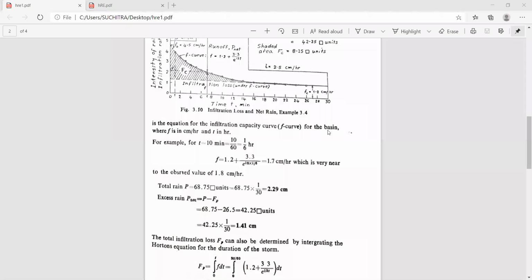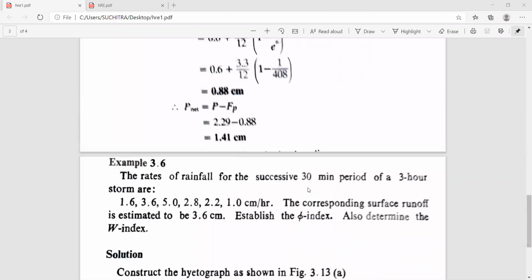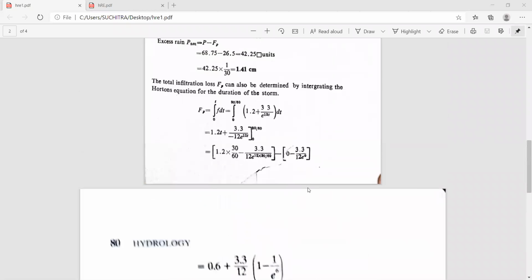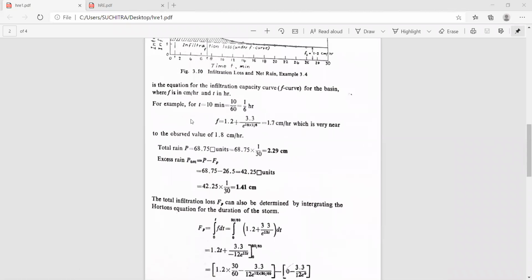So by Horton's equation, the infiltration value works out to be 1.7 centimeters per hour, which is very near to the observed value of 1.8 centimeters per hour.